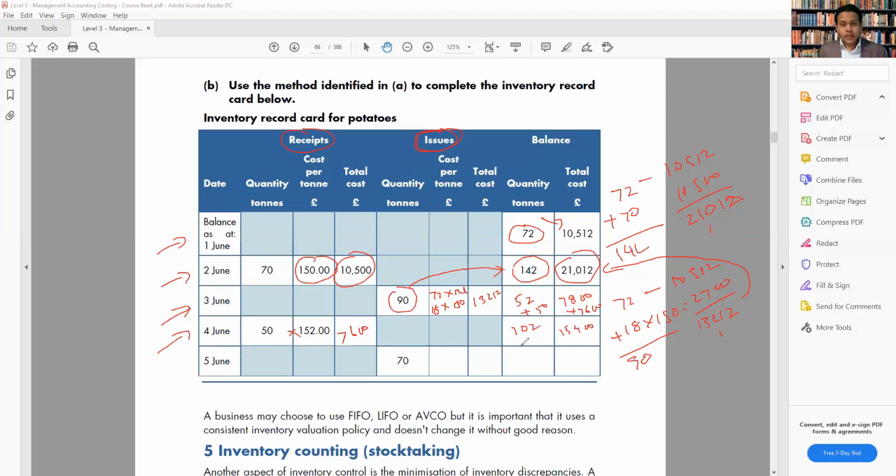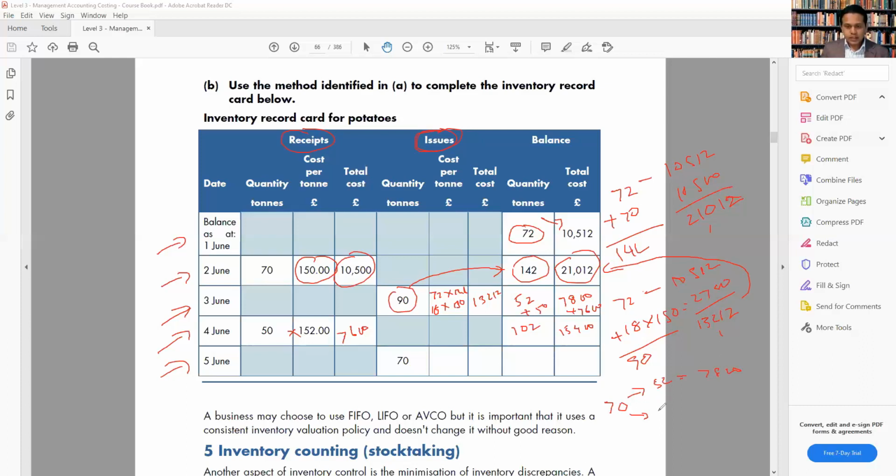Thank you, Tidora. Then finally, on 5th of June, we have sold another 70 units. We need 70. So we have two portions here, that is 52 and 50, isn't it? So this 70 should have a breakdown of 52, and the cost is 7,800 for that.